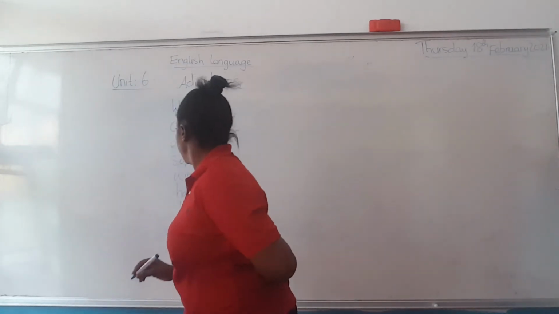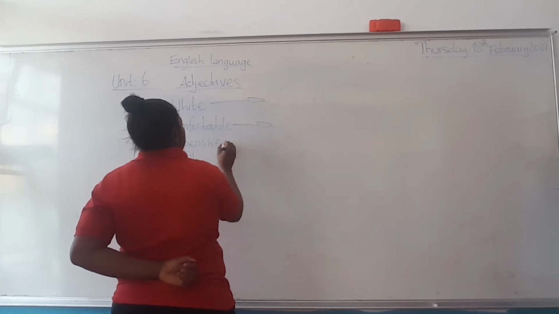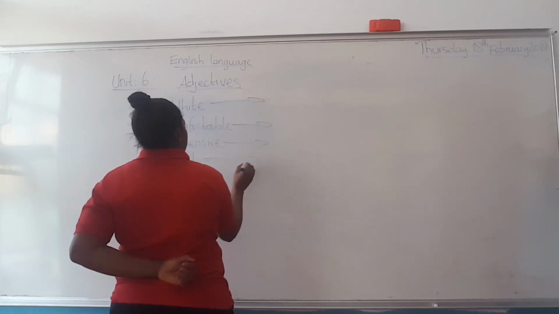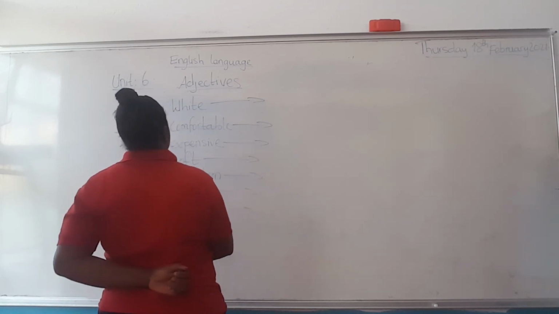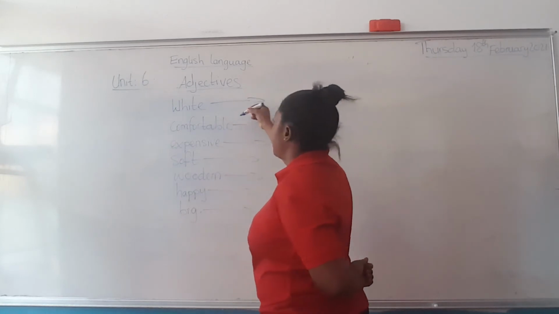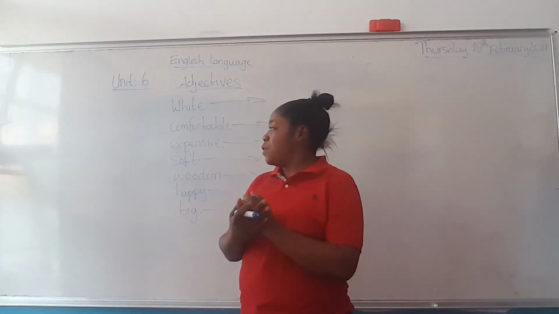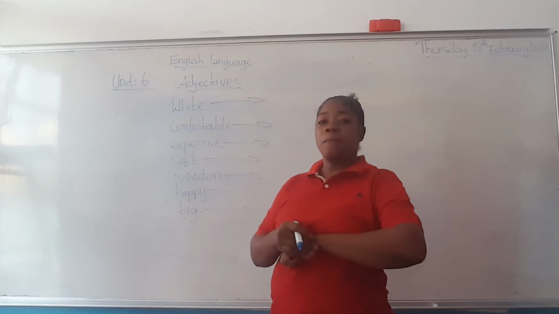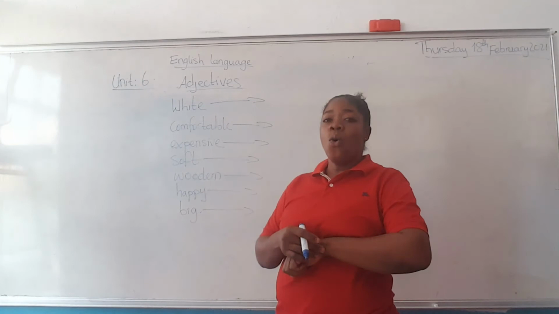Let's see if we can give a comparative adjective of these words. These are adjectives. The comparative form of white. Who can give me the comparative form of white? Everybody say white. White.